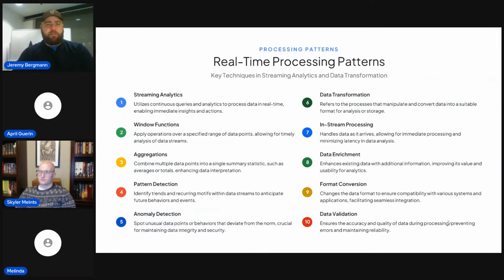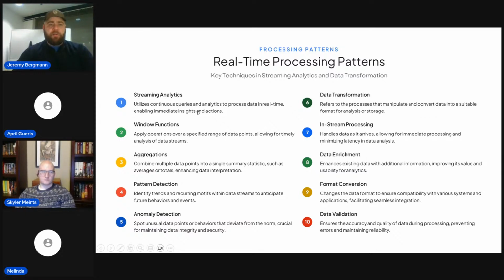So real-time processing patterns. These are the types of different functions or transformations that you would do or rules that you would create on real-time data. And these are available via the real-time analytics, real-time intelligence module. So you have streaming analytics.